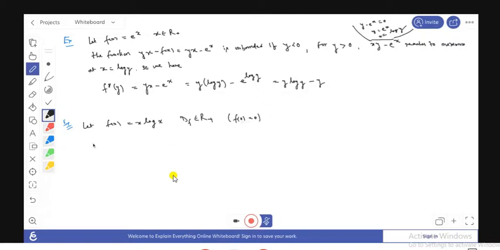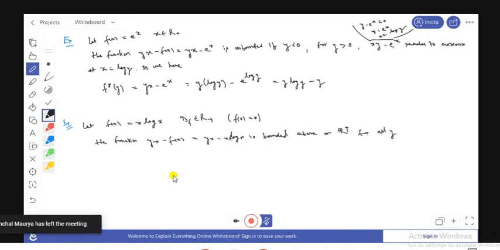Okay, so the function yx minus f of x is equal to yx minus x log x. This function is bounded on this R plus for all y.